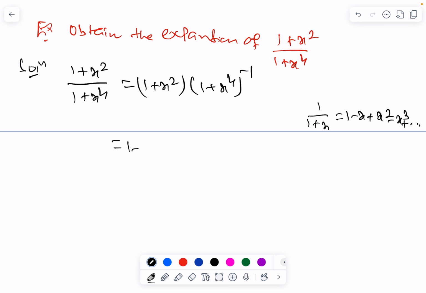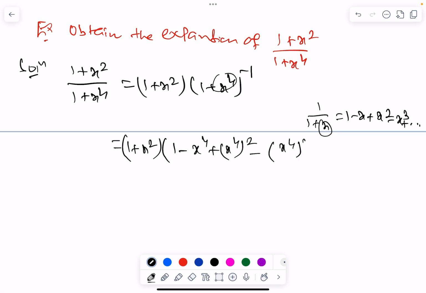So this we can use: 1 plus x square, 1 minus x power 4, here in this case x is x power 4, plus x power 4 square, minus x power 4 cube, plus and so on.